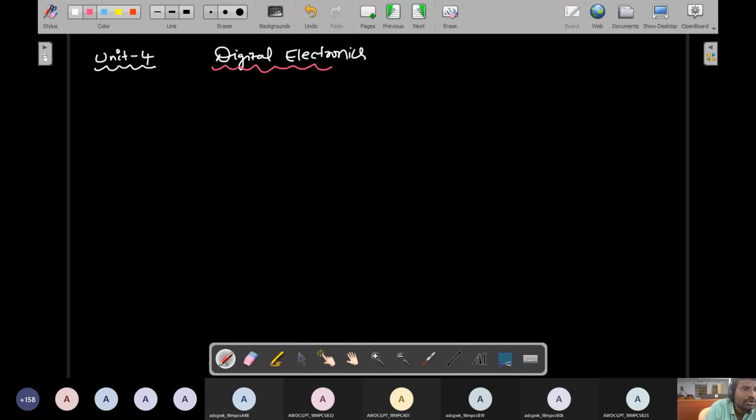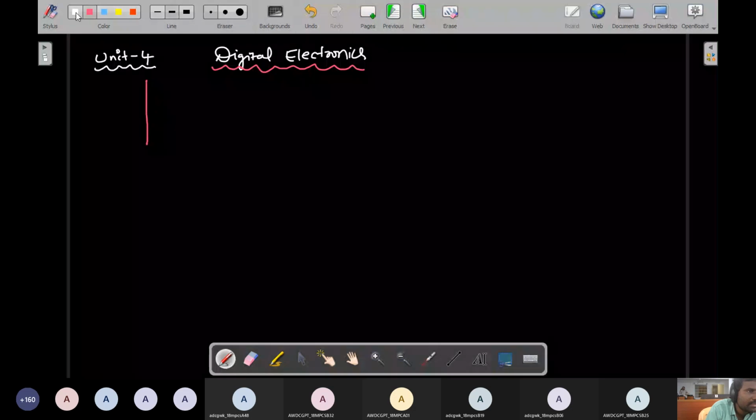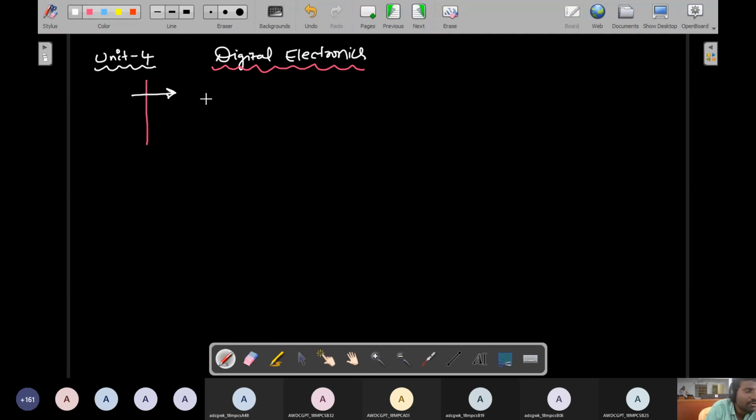In digital electronics, this core unit contains two chapters, the 5th A chapter and the 5th B chapter.